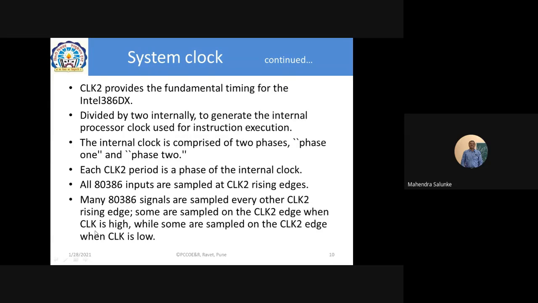So a few signals are sampled at the rising edge of CLK2 when CLK is high, and a few signals are sampled when CLK is low. So these three groups are there: signals sampled at every rising edge, signals sampled at the rising edge when CLK is high, and signals sampled at the rising edge when CLK is low. These are the three categories of input signals.